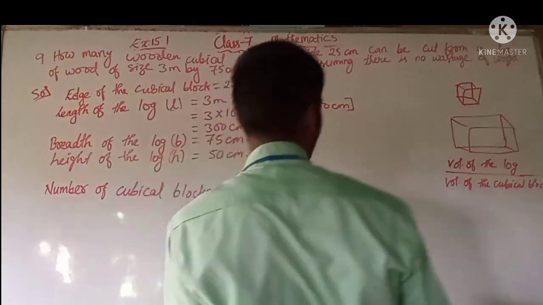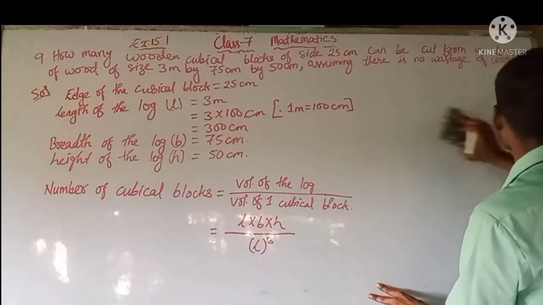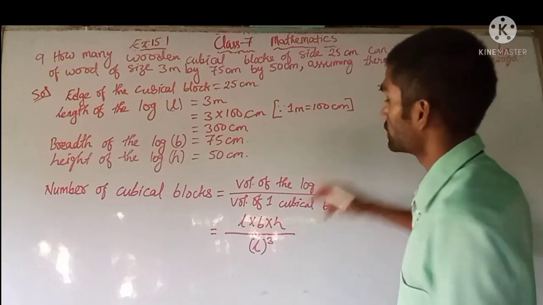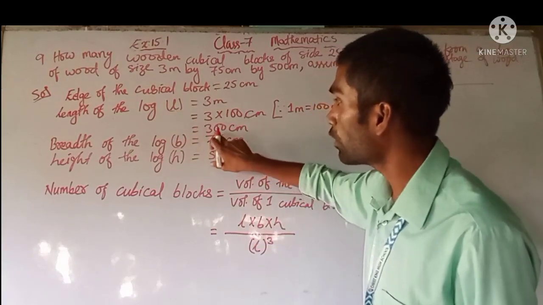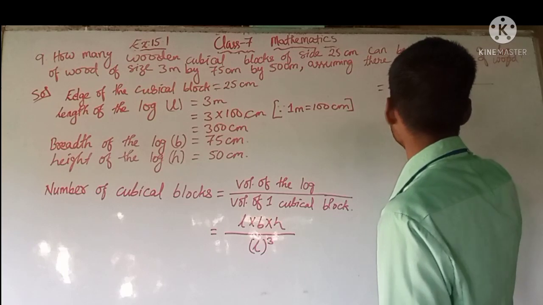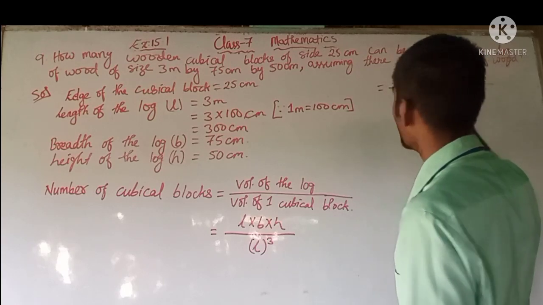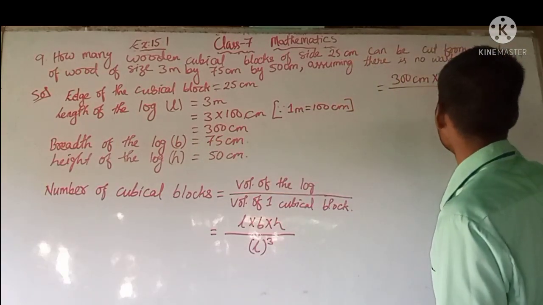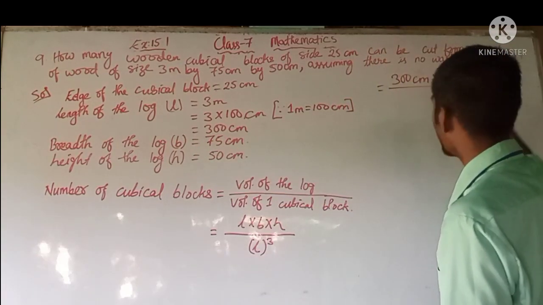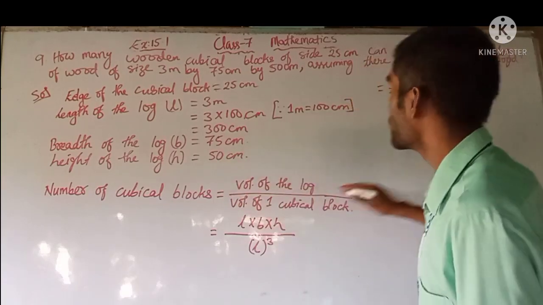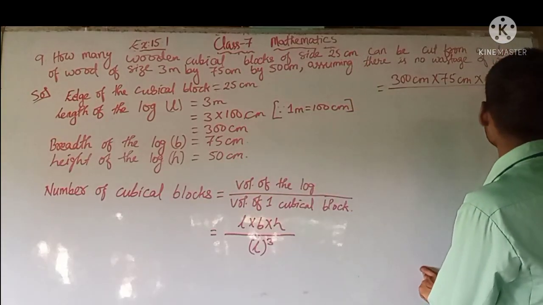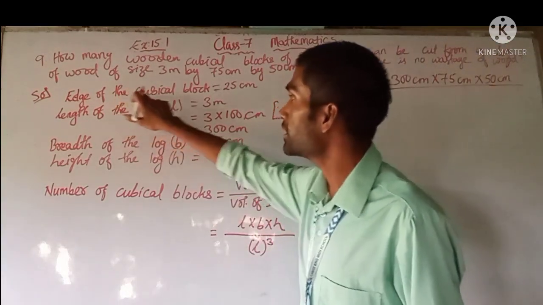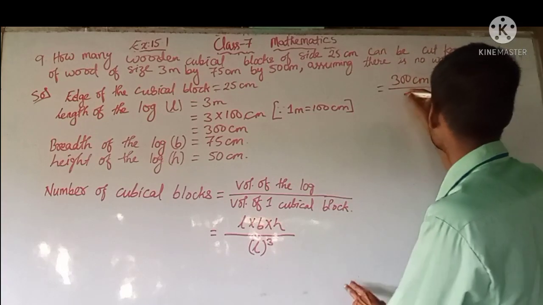So now let's place the formula values here. For L, we got here it is for log, that is 300 centimeter into breadth, that is 75 centimeter, into again height, that is 50 centimeter, by L cube, that is the edge of the cubical block, that is 25 centimeter.